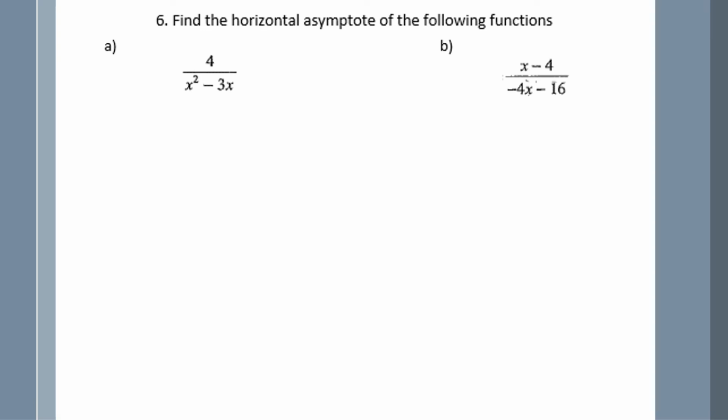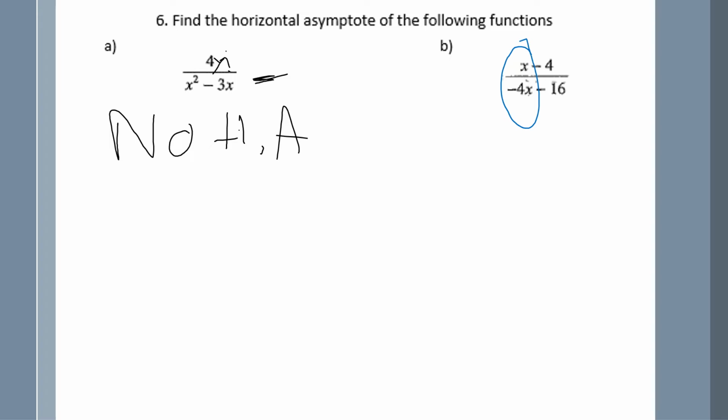All right, let's look at this. Guess what? In A, since I have no exponent, no x in the numerator, or a number outside of here, I have no HA, no horizontal asymptote. But in B, let's look at it. I do. I have variables in the numerator and the denominator.